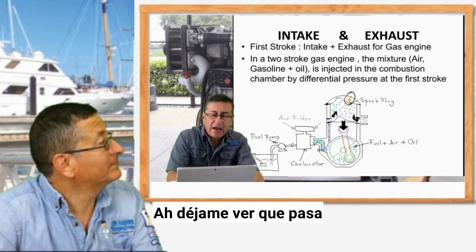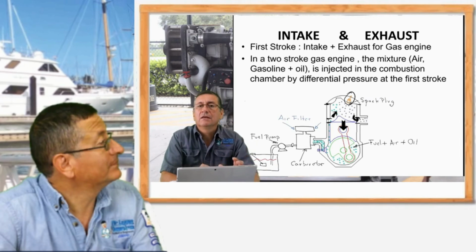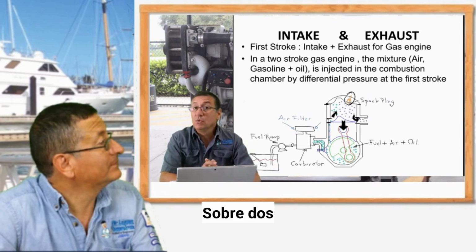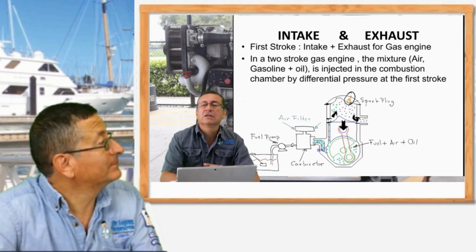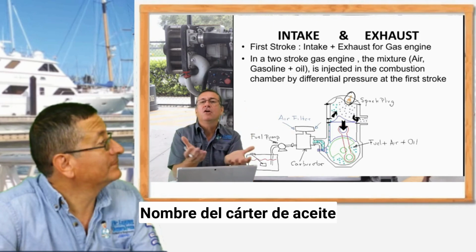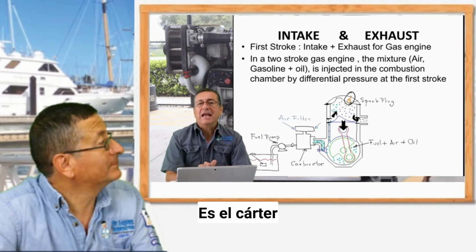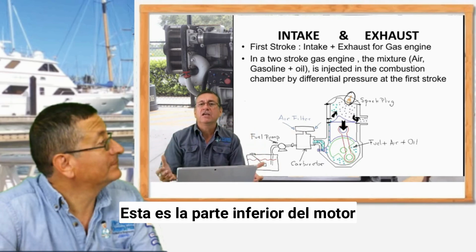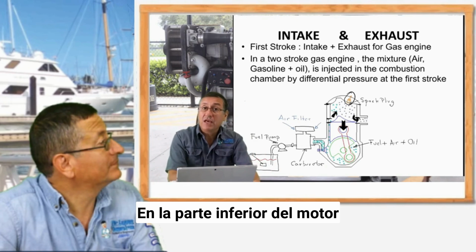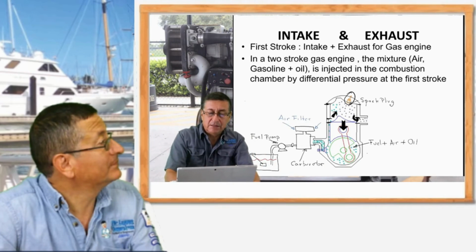And in the bottom, when you talk about two-cycle or two-stroke engines, the name of the oil pan is the crankcase. The crankcase and the block, this is the bottom of the engine.